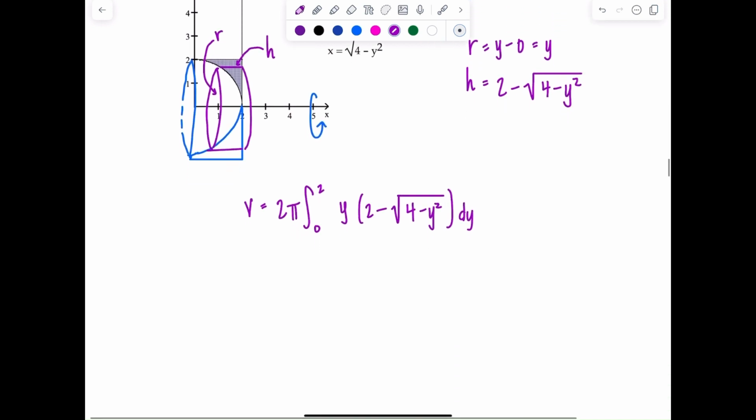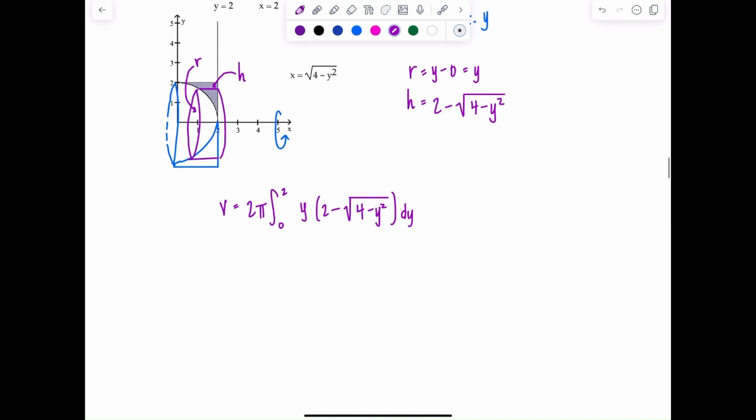Okay, now we just got to integrate our little hearts out. So let us distribute this y: 2 pi integral 0 to 2 of 2y minus y times rad 4 minus y squared dy. The dy is too close and I need parentheses right here first. Okay, so let's think about what we're going to do.